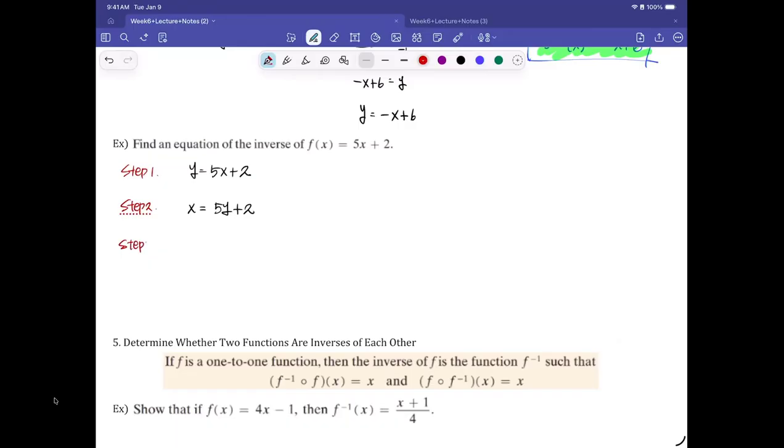And then step number 3, you have to solve for y, right? So you have to subtract 2, equal to 5y, and then divide by 5.